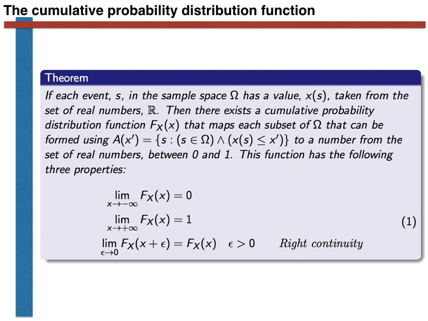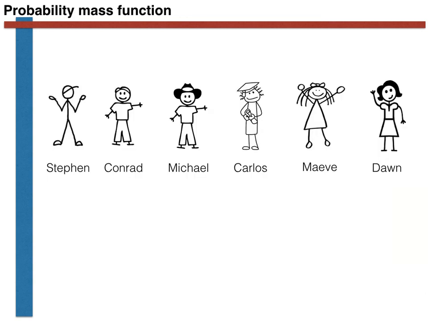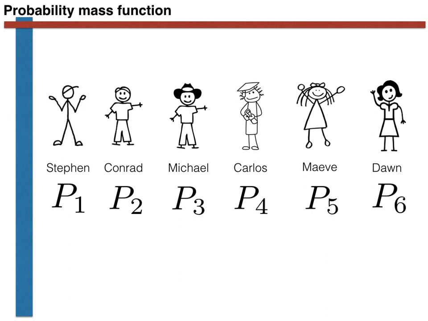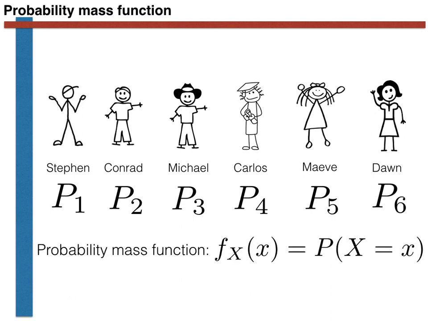In parallel to our discussion of the cumulative probability distribution function, we've also discussed the probability mass function. The probability mass function was introduced when we discussed our game of blind man's bluff and ascribed a probability to picking each of the various players. We write the probability mass function for the random variable capital X using the symbol f_X(x).